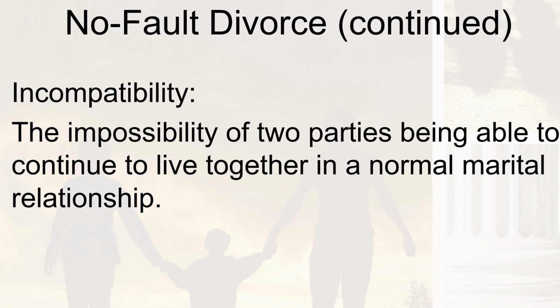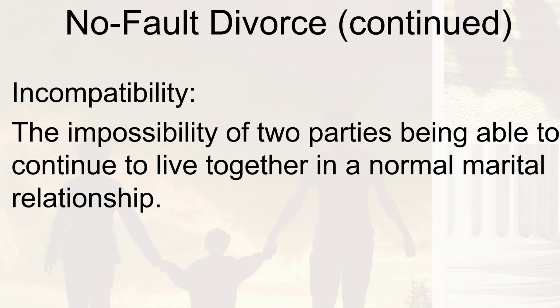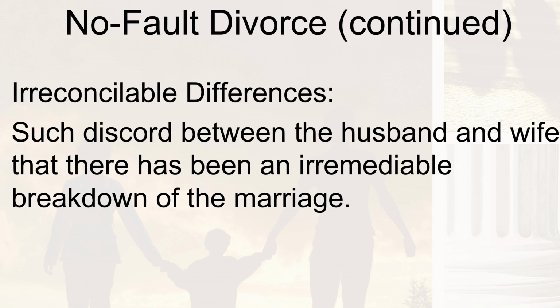Okay, so we did cover the no-fault divorce grounds: living apart, which is living separately for a designated consecutive period of time with the intent to end the marriage. Incompatibility, which is the impossibility of two parties being able to continue to live together in a normal marital relationship.